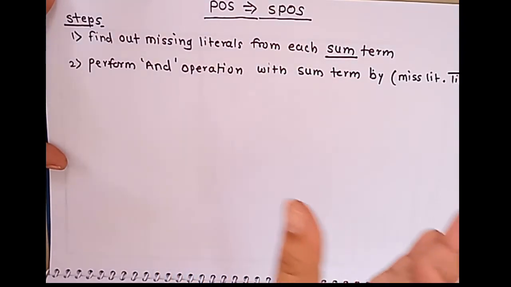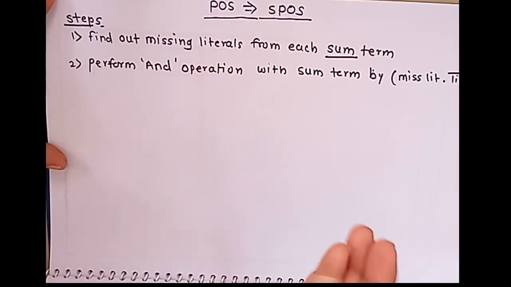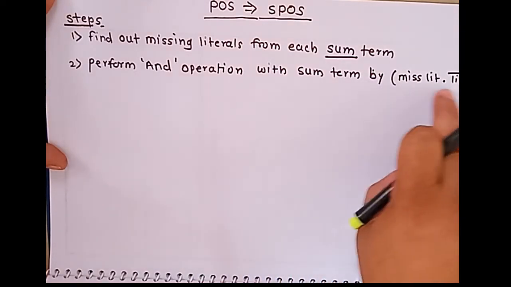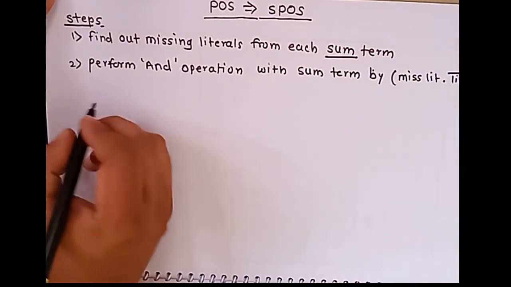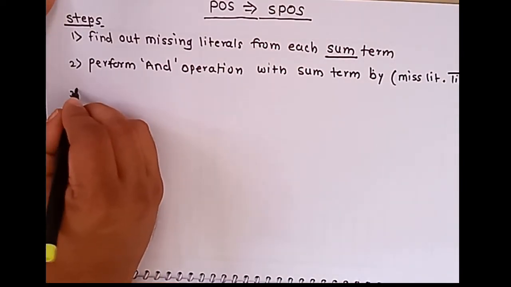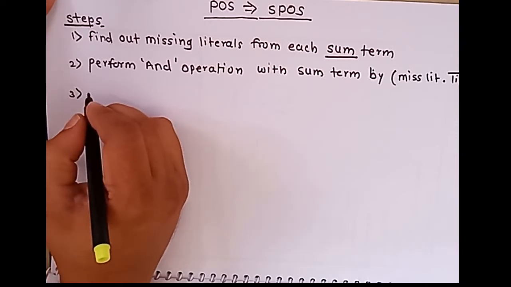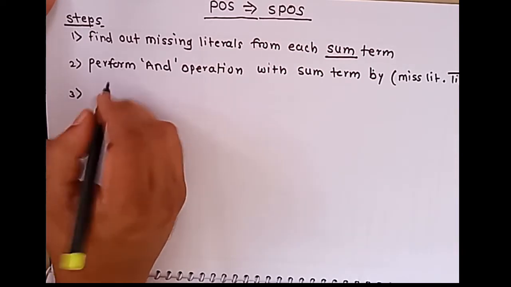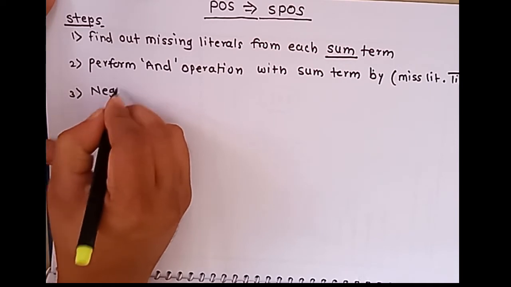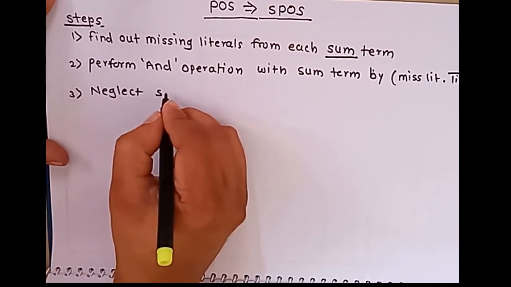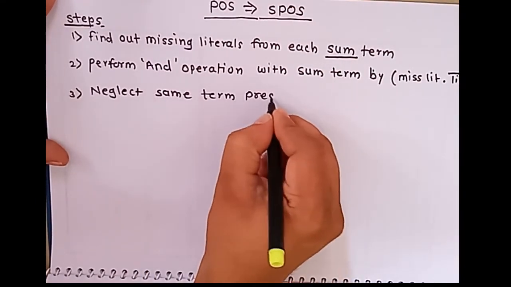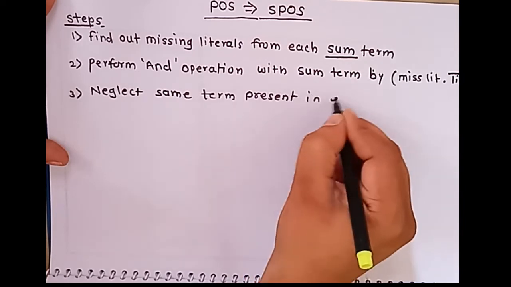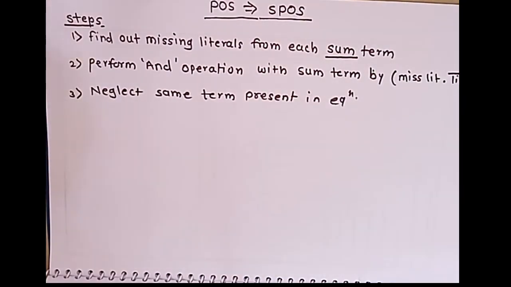We have to perform the sum, means we have to add what? This term, means missing literal and its complement with that particular sum term. Okay, so this is second step. Third, again the third step is same as the previous one. So the third step is what? Neglect the same terms present in the equation. Okay, neglect the same terms that are present in the equation.